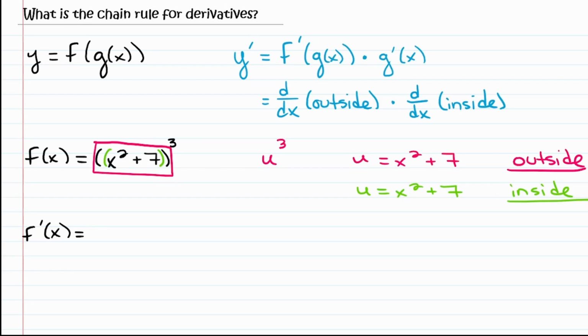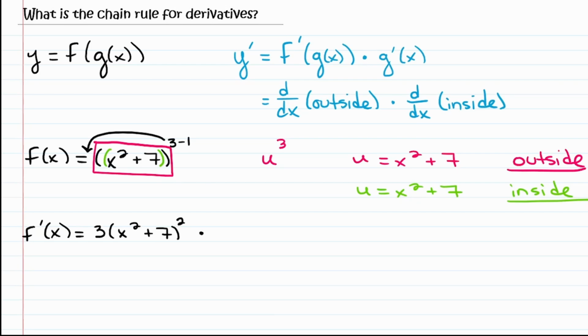With the power rule, all we need to do is bring the 3 out front and subtract 1. So we have 3 times x squared plus 7, because we're leaving the inside alone, to the second power, since 3 minus 1 is 2.